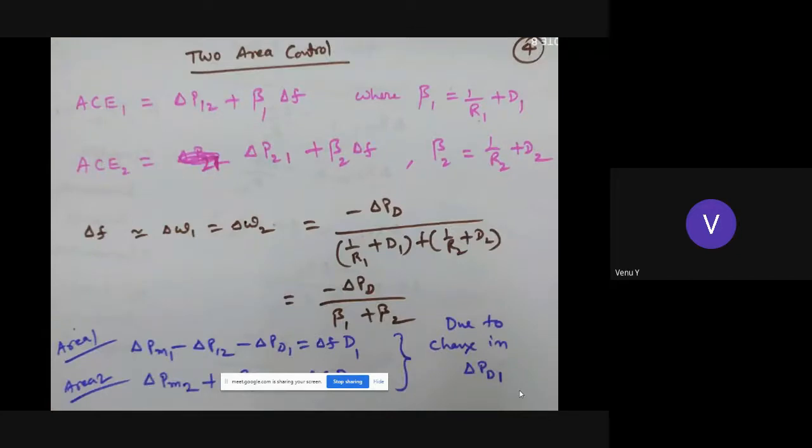Now let us continue with the area control error for area 1.